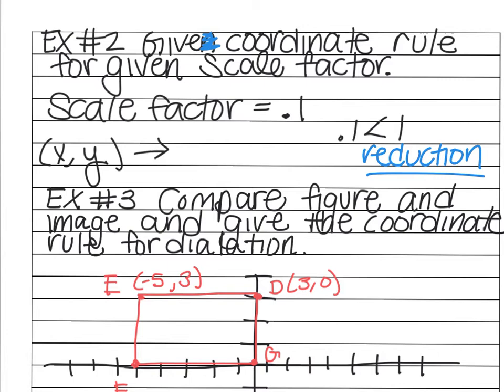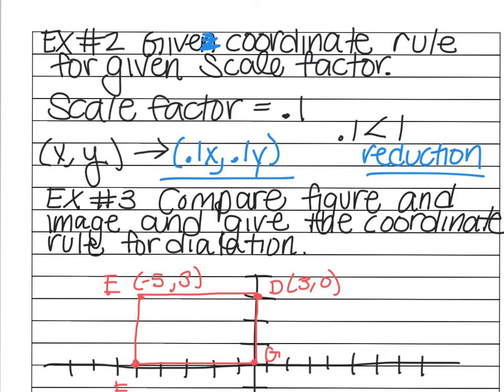My rule is that all I need to do is multiply 0.1 times whatever my x point is, and 0.1 times whatever my given y point is. In blue right here is your rule, and it is a reduction.